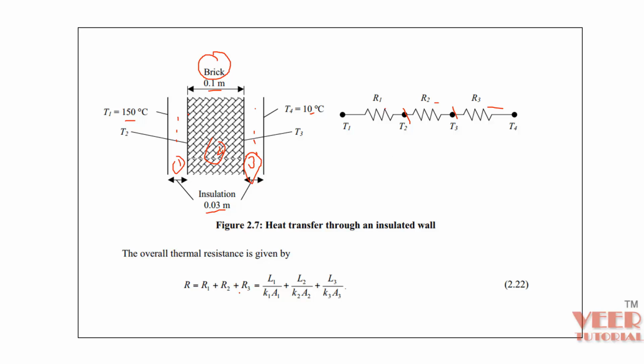So if you go by the formula, you can calculate the value of R like this. R1 plus R2 plus R3, that is L1 by K1A, L2 by K2A, and so on. So this cross sectional area, that is this side area, is like this. If you see this plate from this side, the area is 0.1 here and also 0.1 here, 0.1 meter.